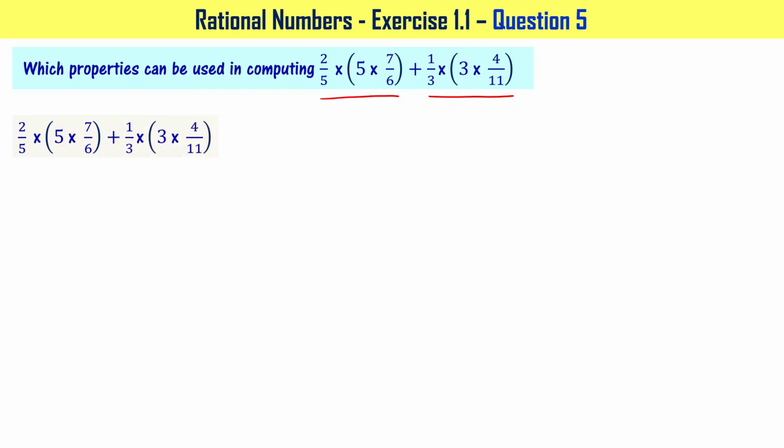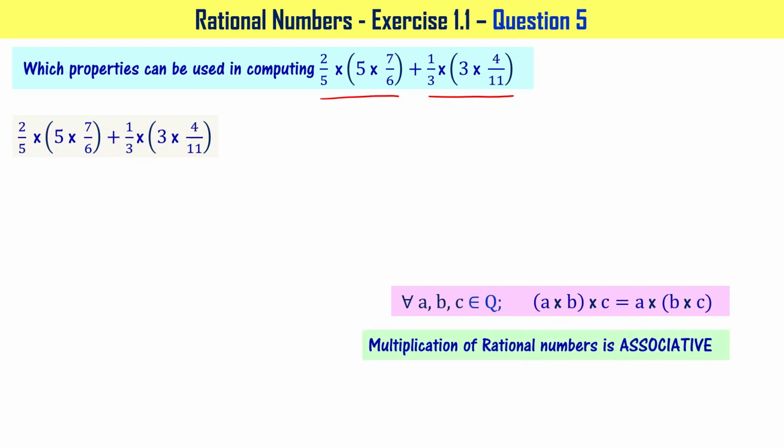This can now be rearranged using the property that multiplication of rational numbers is associative, right? We want to use the associative property to rearrange the terms in this expression.